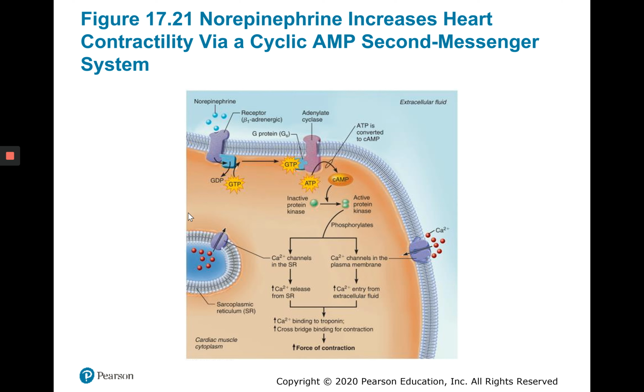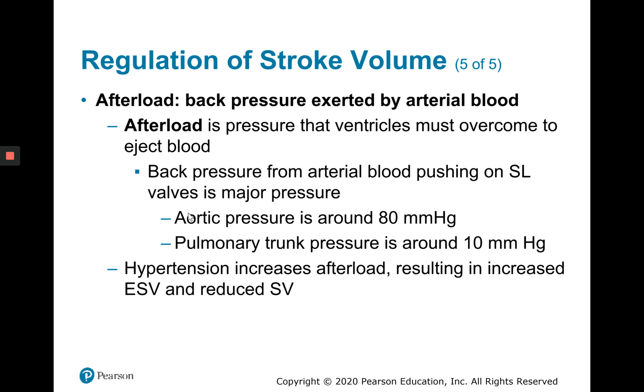These protein kinases lead to increased calcium entry from extracellular fluid by opening these calcium channels in the plasma membrane, and they lead to increased calcium release from the sarcoplasmic reticulum by opening calcium channels in the sarcoplasmic reticulum. Both of these extra calcium ions are added to the cytoplasm of this cell, and that leads to an increase in force of contraction because calcium is a positive inotropic agent.